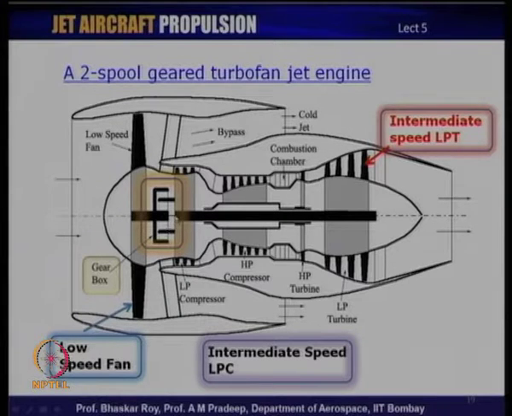So, you can do with a gearbox in between to reduce the speed and run the low speed fan, producing a very high bypass and a very high cold thrust, but still leave the turbine to run at a reasonably high rpm with a reasonable number of stages of turbines to produce all the power that is required to run the big fan.